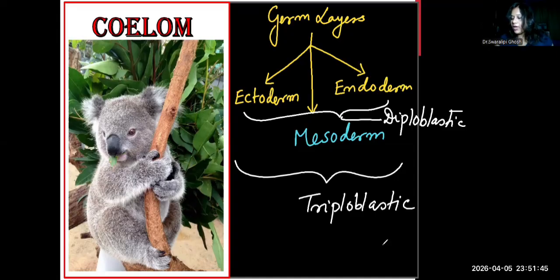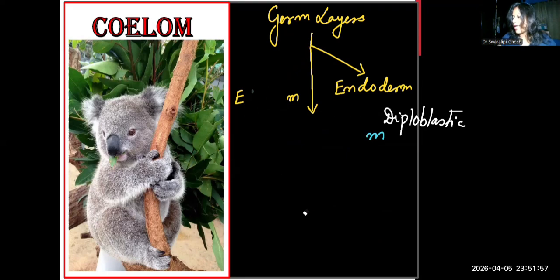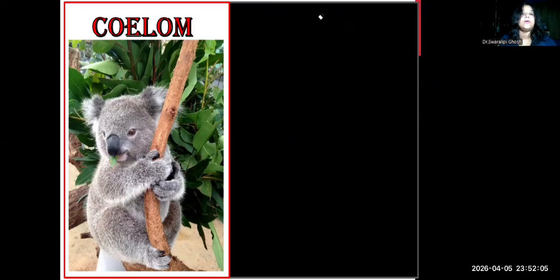So students, now what about the idea of coelom that I was supposed to tell you? Now, coelom is actually a body cavity. Okay, and it is not just a body cavity.